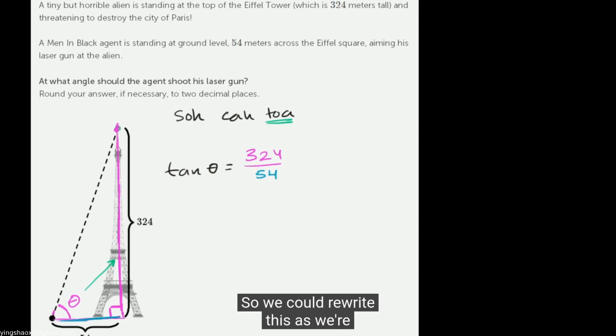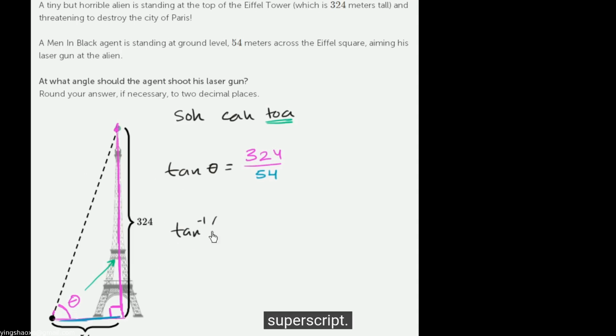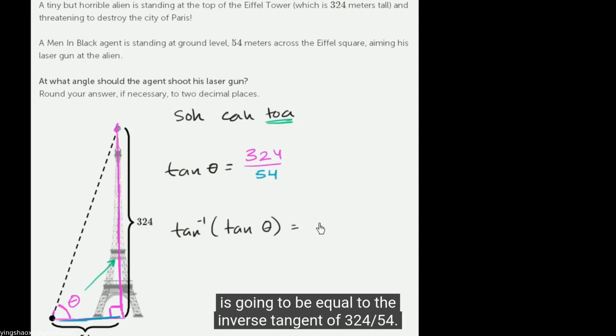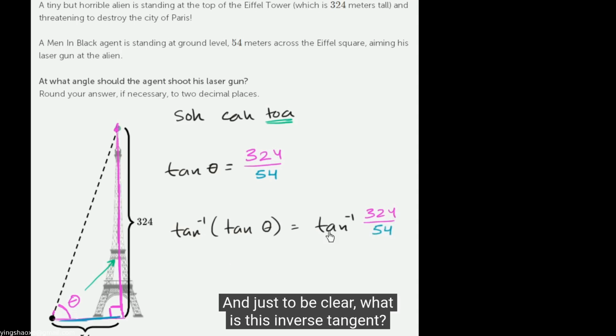function. So we could rewrite this as we're going to take the inverse tangent, and sometimes it's written as tangent with this -1 superscript. So the inverse tangent of tan of theta is going to be equal to the inverse tangent of 324 over 54. And just to be clear, what is this inverse tangent?